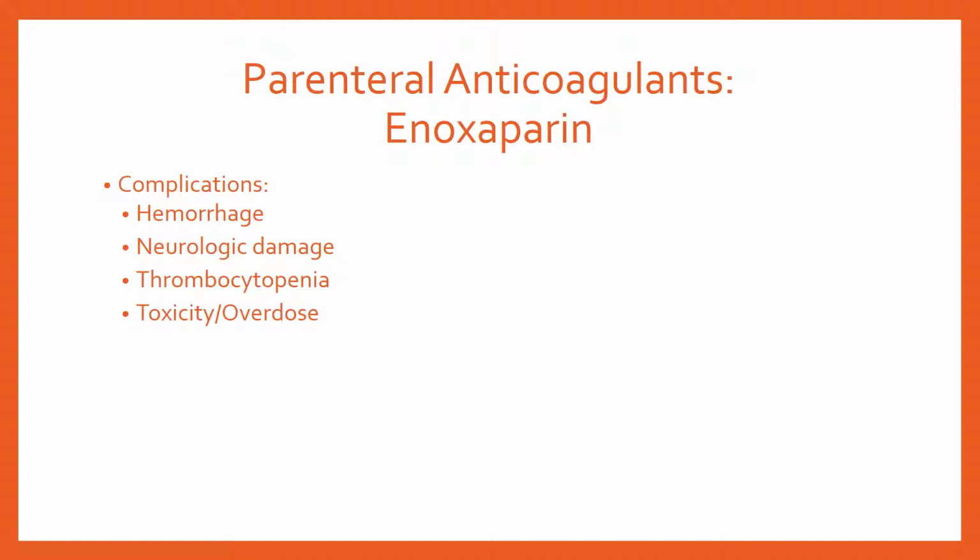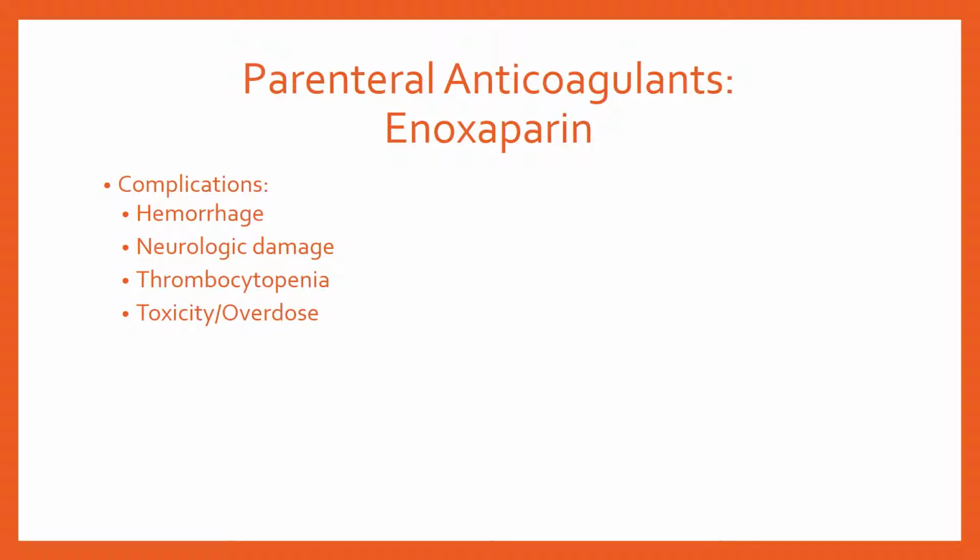Okay, complications of Lovenox: hemorrhage. Monitor vital signs and platelet count. Observe for bleeding, increased heart rate, decreased blood pressure, bruising, petechiae, hematoma, black tarry stools, and avoid any aspirin or other anticoagulants. Neurologic damage: you're looking for hematoma formation during a spinal or an epidural anesthesia.